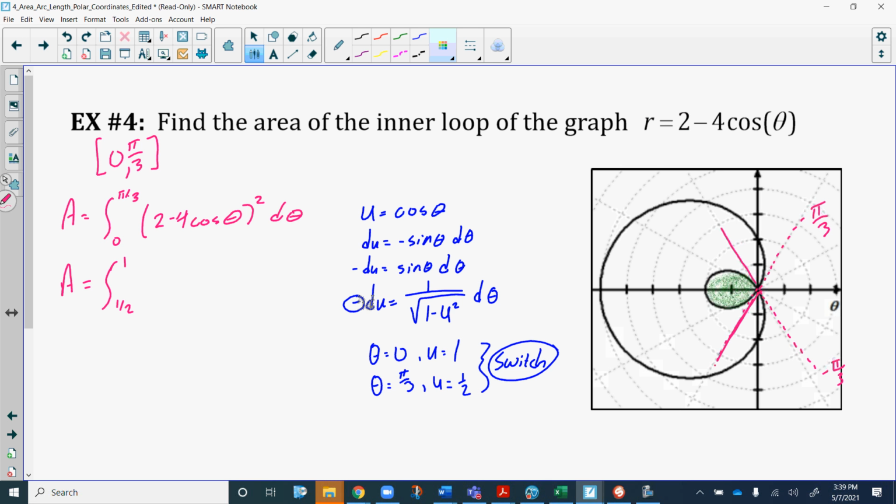And we're going to have in parentheses 4, nope, not 4, 2 minus 4u quantity squared over the square root of 1 minus u squared du. So what I would do at this point is, this is where I want to actually expand the binomial that's in the numerator.